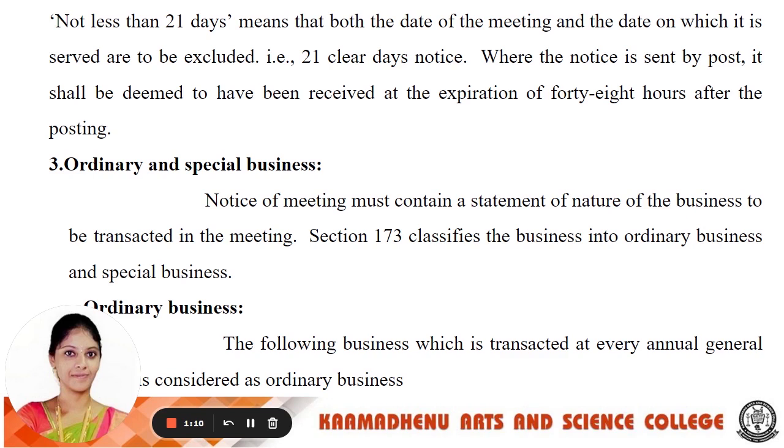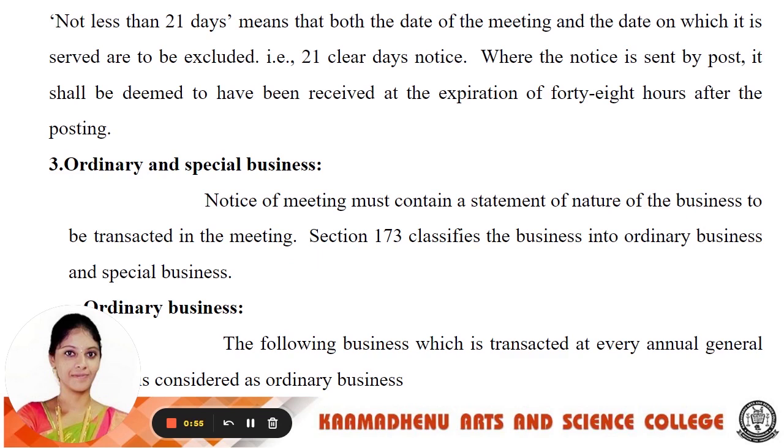The notice of a meeting must contain a statement of the nature of the business to be transacted in the meeting. Section 173 classifies the business into ordinary business and special business.